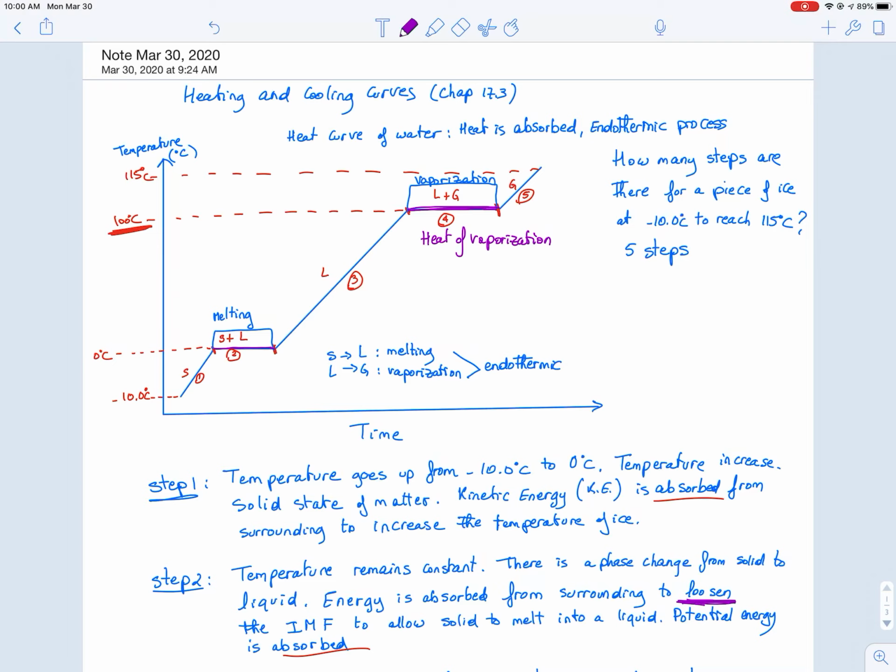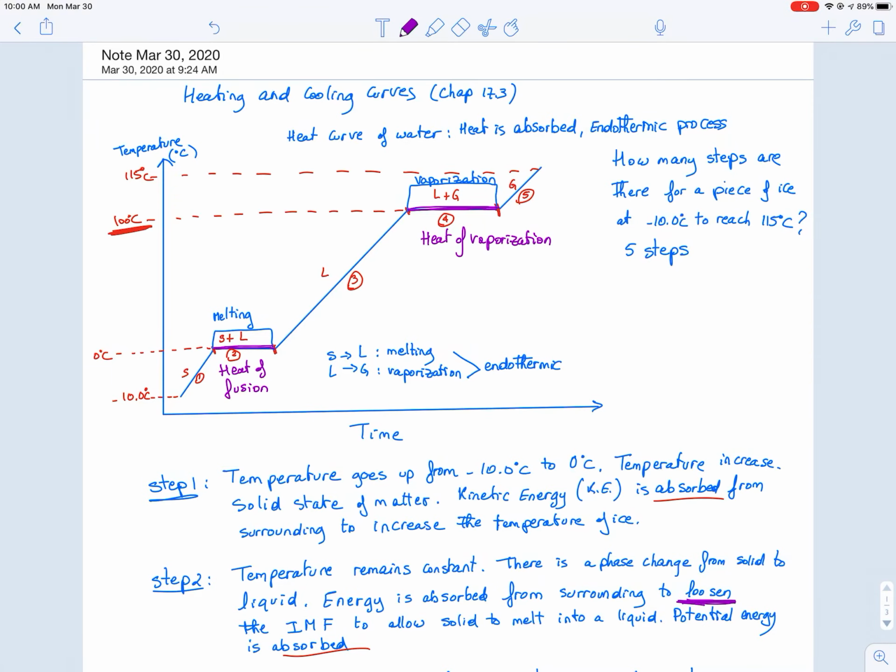So again, the amount of heat needed to boil a substance is called heat of vaporization. And then the amount of heat needed to melt a substance is called heat of fusion. Sorry, it's not called heat of melting. It would have been easy, but it's called heat of fusion.